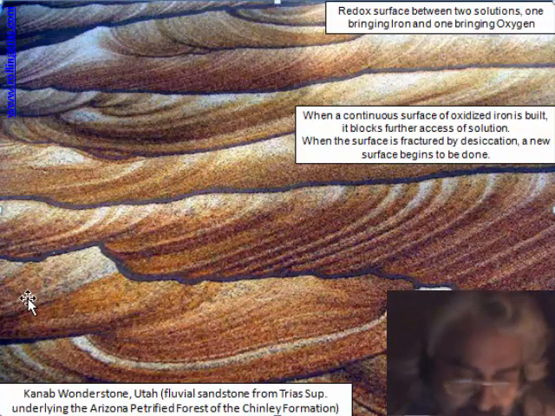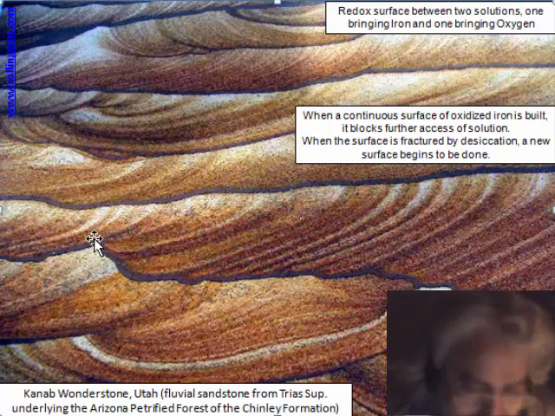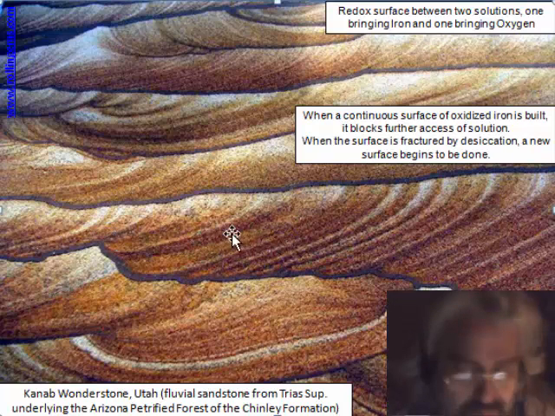forms a redox surface, and forms this line.